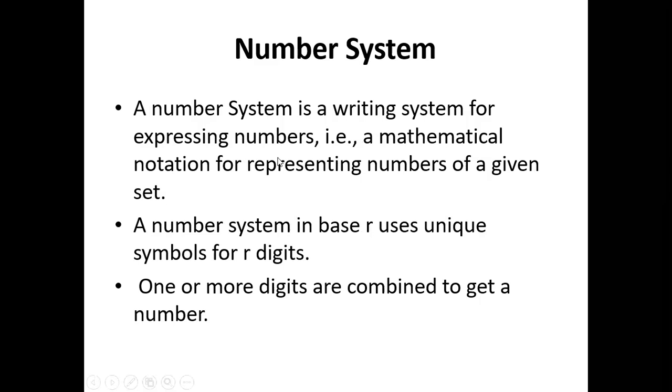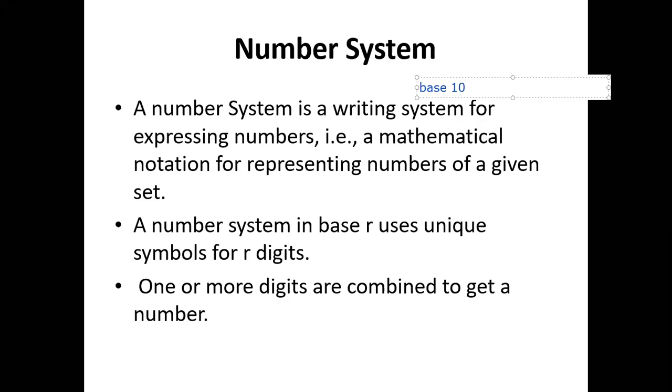For example, one of the most common number systems is the decimal number system, the one which we say is base 10. In the decimal number system, the digits that you use to come up with numbers will be digits from 0 to 9. So these are the digits that you use to express numbers in base 10.